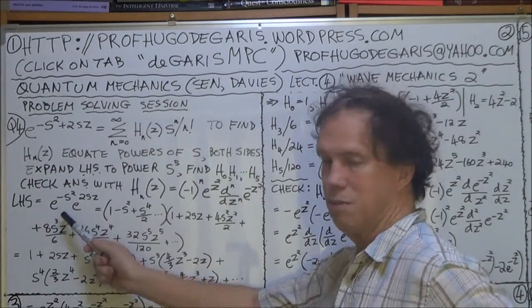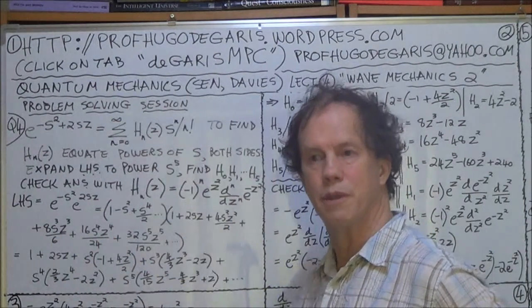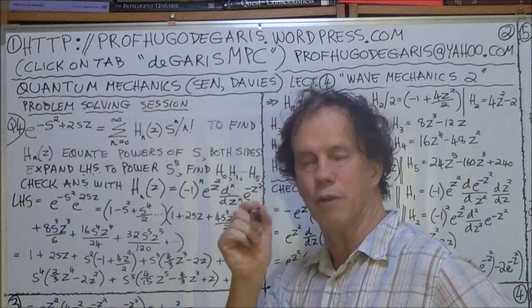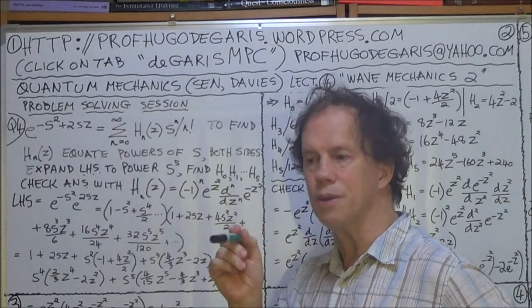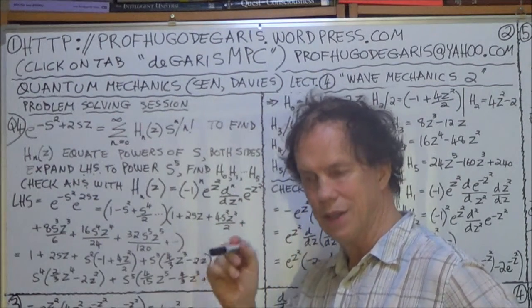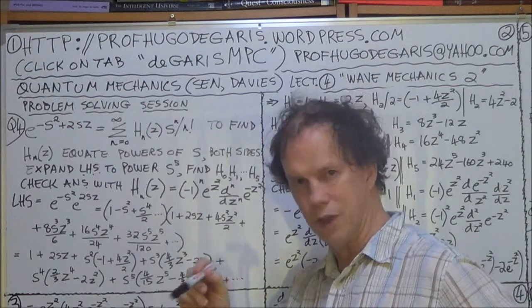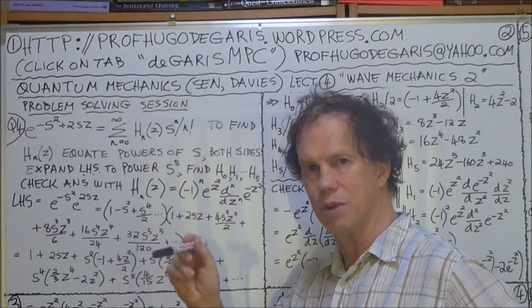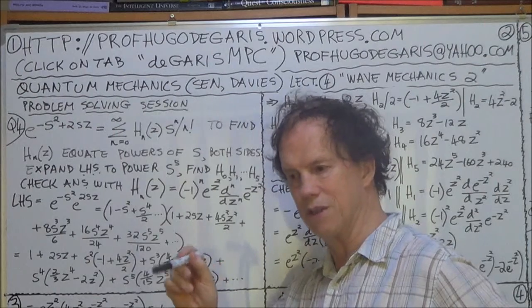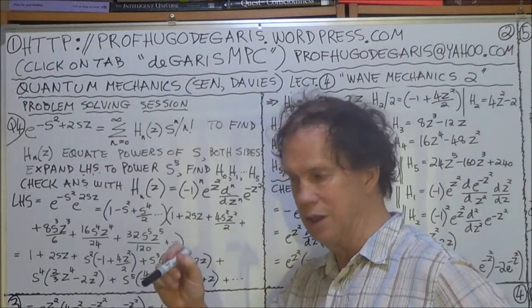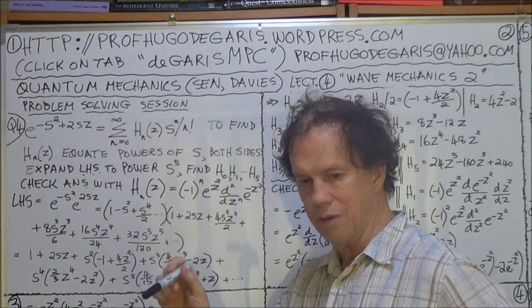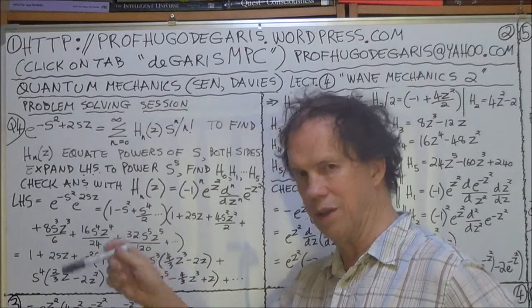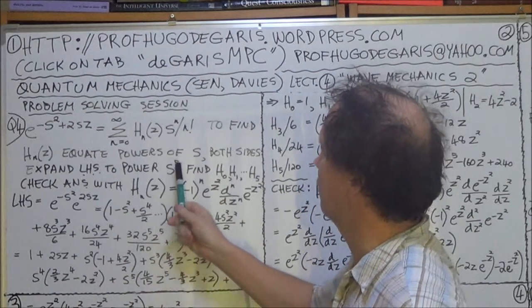I assume you know the expansion formula for the exponential, so I'll just say it verbally. e to the x equals 1 plus x plus x squared over 2 factorial plus x cubed over 3 factorial plus x to the 4th over 4 factorial plus x to the 5th over 5 factorial. And I don't need to go any further, because we're just asked for the 5th power.